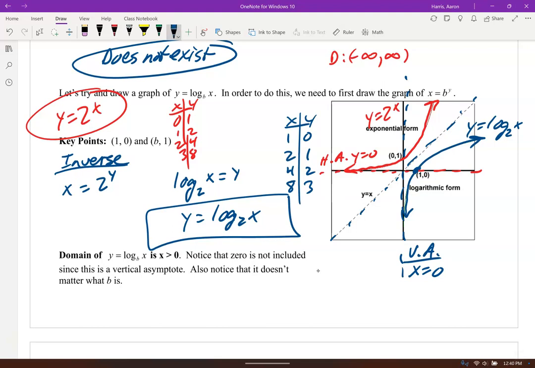So the range of log base 2 of x would be negative infinity to positive infinity, all reals. The range of 2 to the x is 0 to infinity. So the domain of log base 2 of x will be from 0 on.